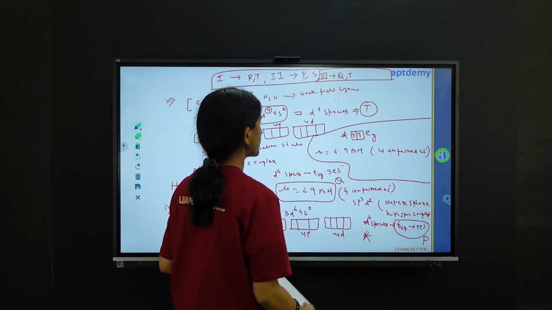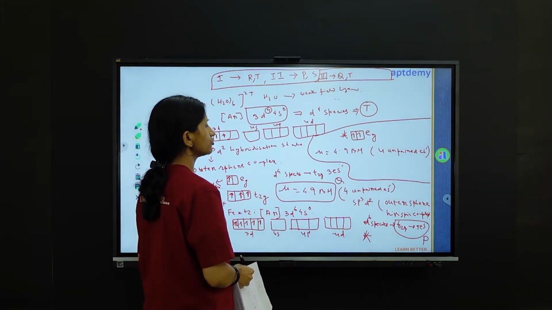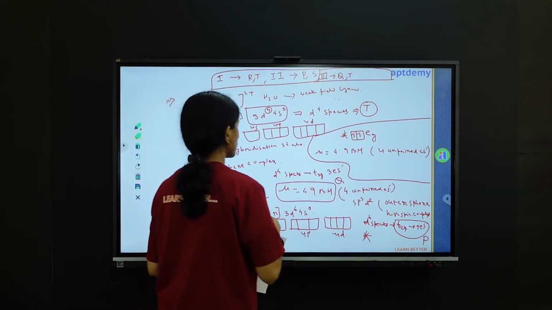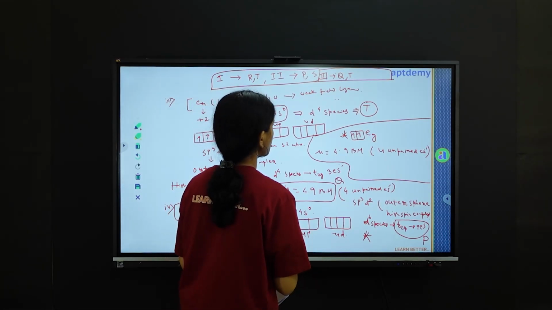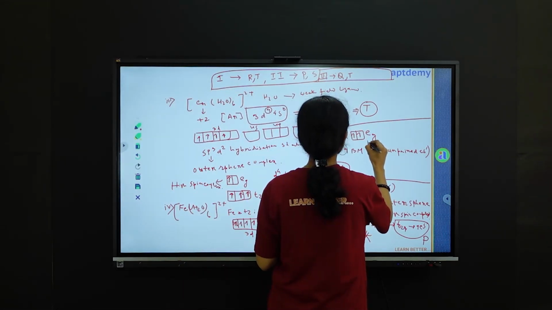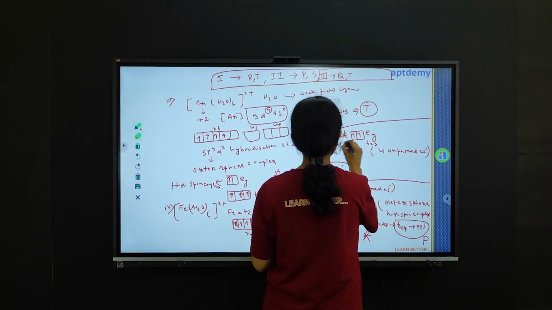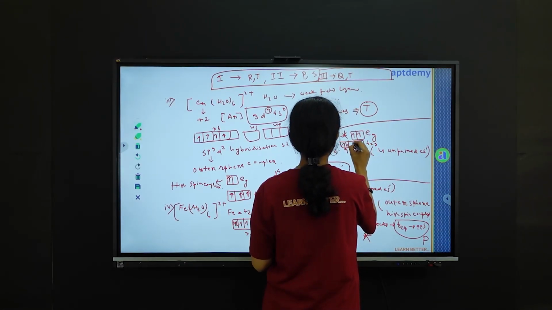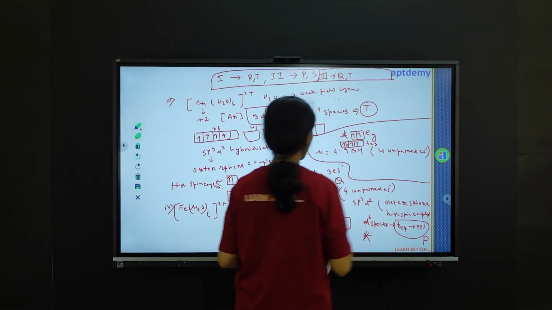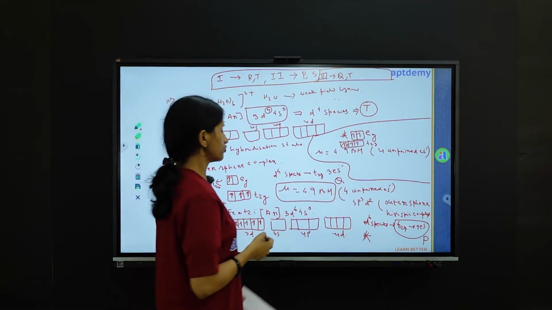So eg looks like that, and now let's see how t2g will look. So for t2g it will look like this, right? So 4 electrons in t2g orbitals.